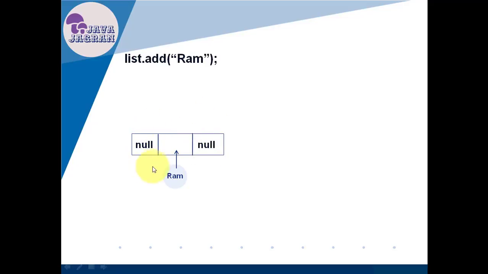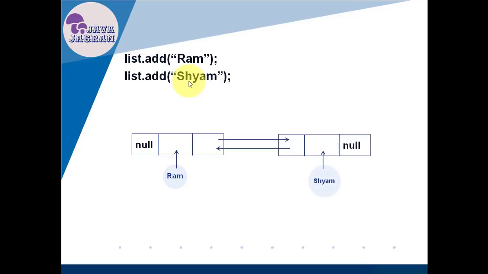Now suppose we call the add method again with another object, called stamp. It creates one more object of the Node class and adds it as the next of this existing node. So whenever you call the add method, it simply goes and adds the object at the last.